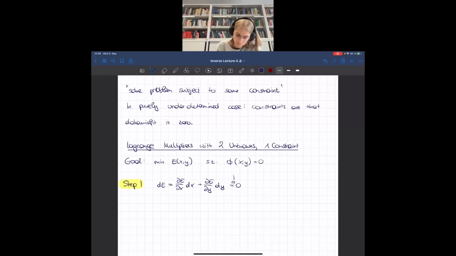Step 2. Let's discuss phi for a few seconds. So phi of x and y should be 0. And therefore also the derivative.